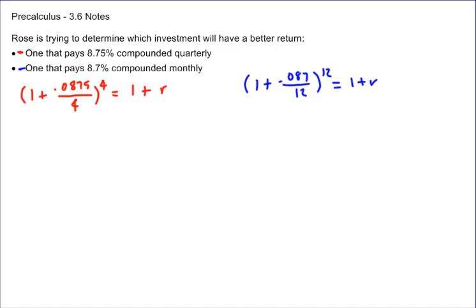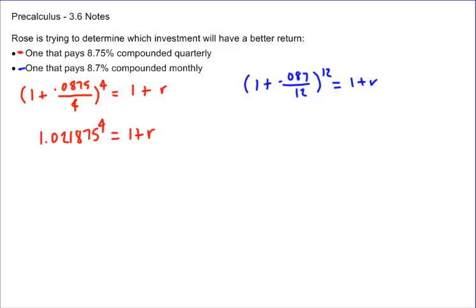And so now you can just punch all of this into your calculator, so it shouldn't be a terrible thing to do. In red, what you're going to have is 1 plus 0.0875 divided by 4, to the fourth power equals 1 plus R. So all we'll need to do is subtract 1.